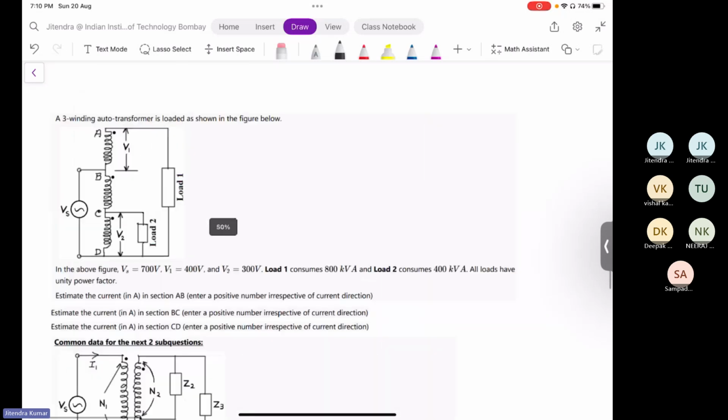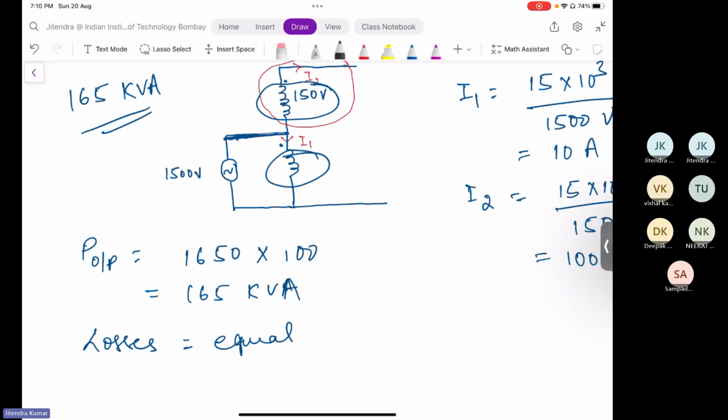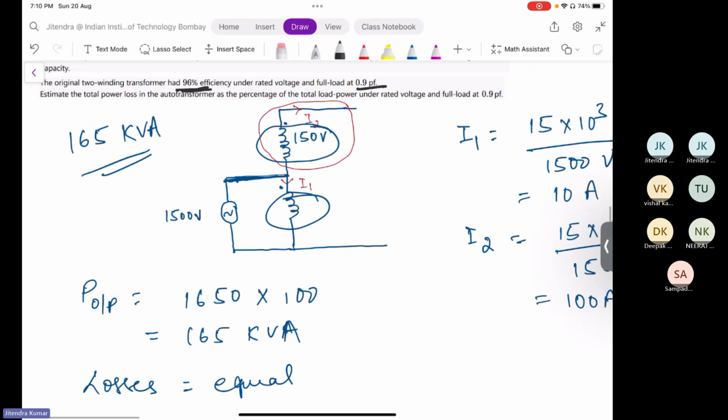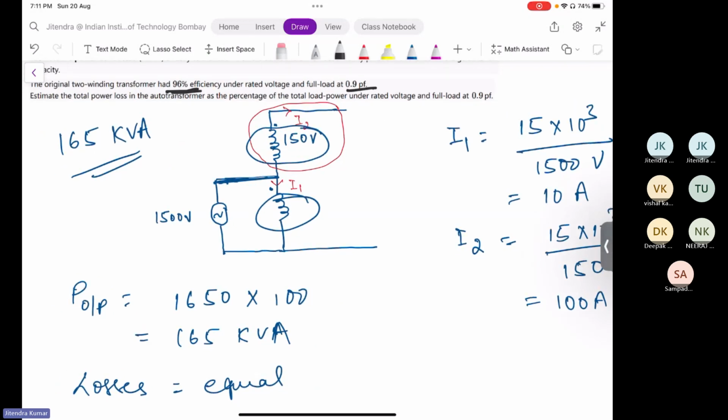Sir, inductive power is nothing but rating of two winding transformer, right? Yeah, rating of any winding. If you multiply 1500 into I1 or 150 into I2, whatever winding is generating some kVA, that would be your inductive power. And the rest amount of power, if suppose 165 kVA is conductive kVA, and whatever the kVA you have generated through the winding V and I, the rest is transferred conductively.